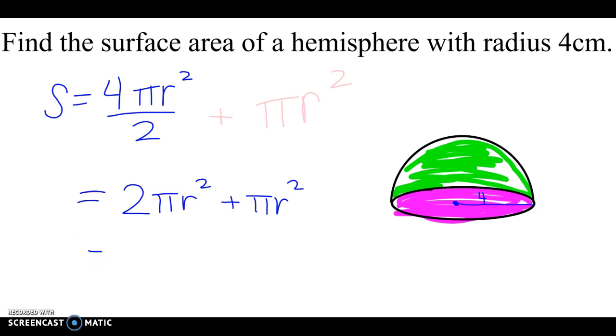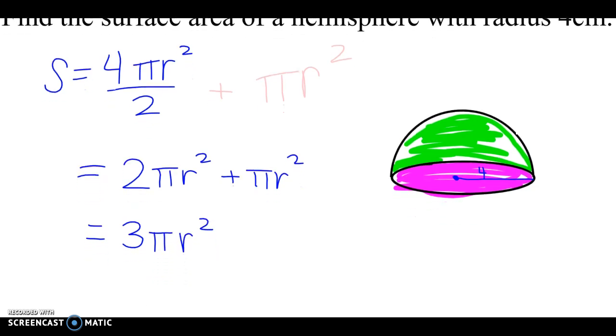What's 2x plus 1x? 3x, so 3 pi r squared. They're like terms, right? Kind of weird, but they're both pi r squareds. So if you have 2 pi's and then add 1 more pi, you have 3 pi's. What's our radius? 4. It tells us that.